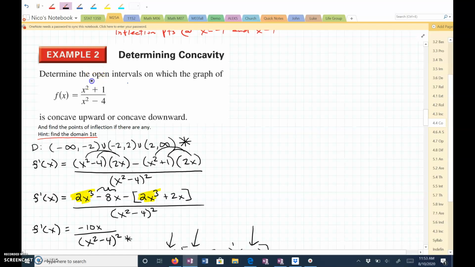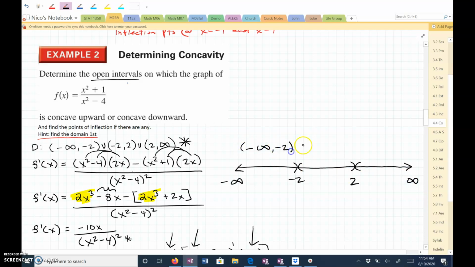But we still have to figure out the open intervals where it's concave up and concave down. So again, the points don't exist at negative 2 and 2. We need to check each of these intervals for concavity.